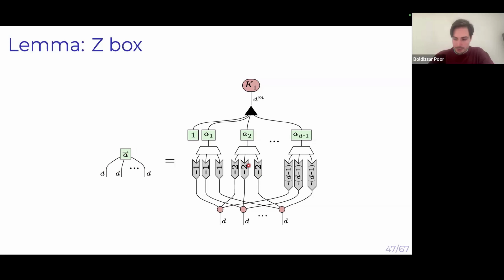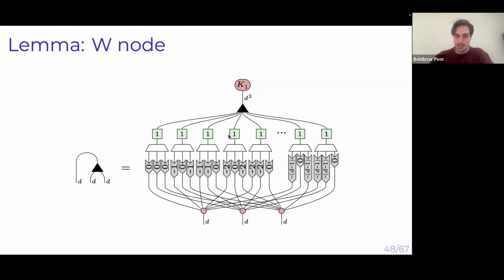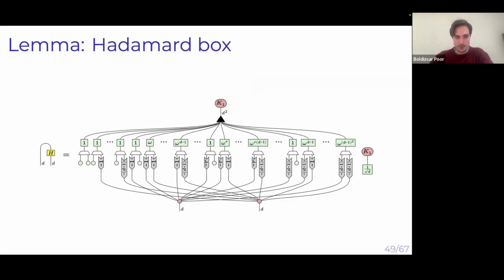So if you can remember the lemma where we show that the qudit normal form is equivalent to the mixed dimensional normal form, that's exactly what we use. Because in the previous paper we have established it for the qudit dimension, we didn't need to do much here because of that lemma it follows. The same is true for the W node and the Hadamard box.